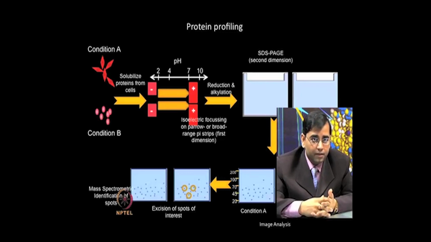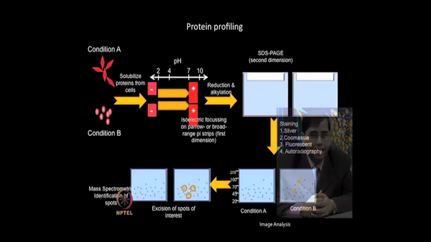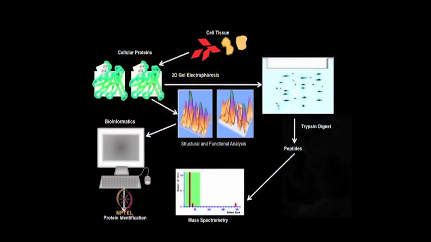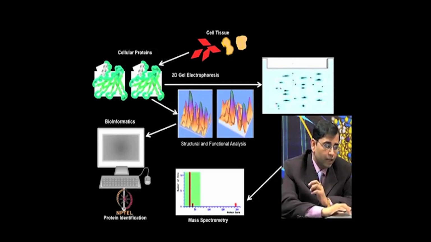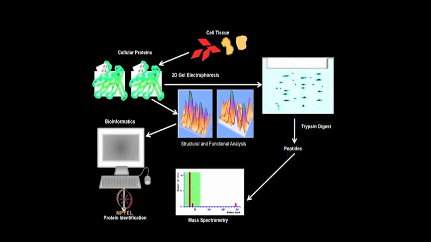If these are significant, then this is the protein of your interest which you would like to identify by using mass spectrometry. So, I am giving you a view of abundance based proteomics or differential expression profiling, where you can separate the proteins and compare the abundance of each spot as shown in the 3D views, and then the spot of interest could be trypsinized and identified. The peptide spectra can be generated from mass spec.